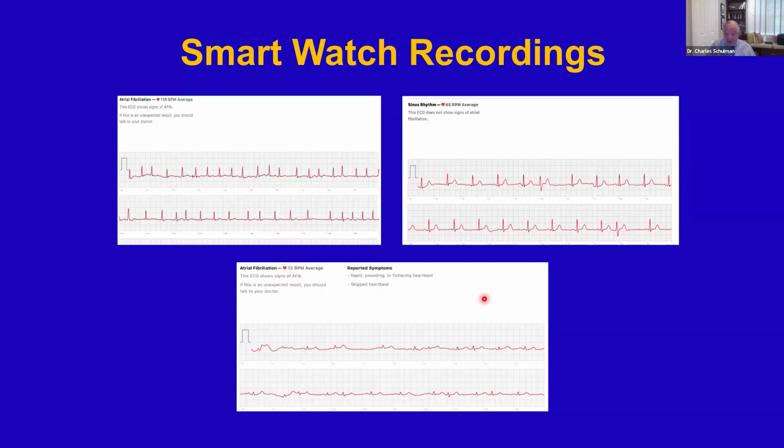But in fact, she doesn't. You can see a baseline that's clear enough with P waves before the QRSs with frequent atrial ectopy. So this is not AFib, and I was able to reassure her that she did not have atrial fibrillation.